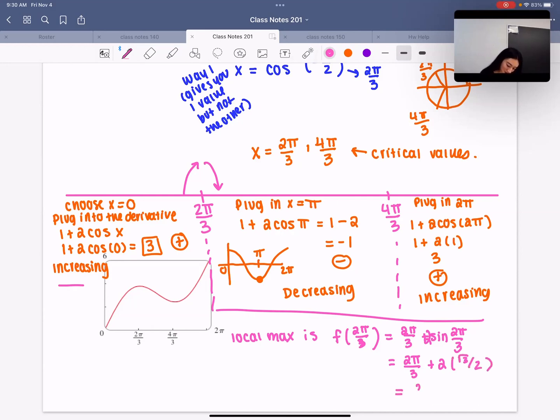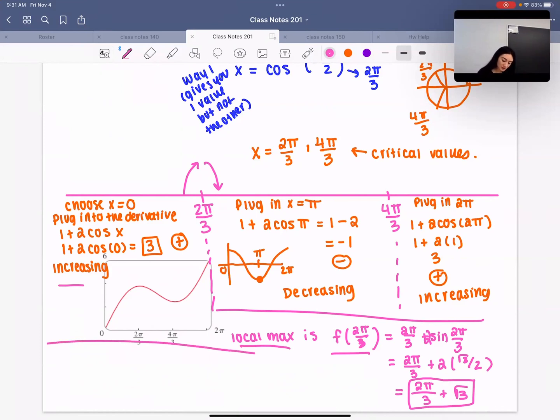Okay, so my local max is 2 pi over 3 plus √3. WebAssign probably won't take f of 2 pi over 3. I would take it on a test or quiz, but this would be the number you type in for something like WebAssign. Okay, so that's our local max.